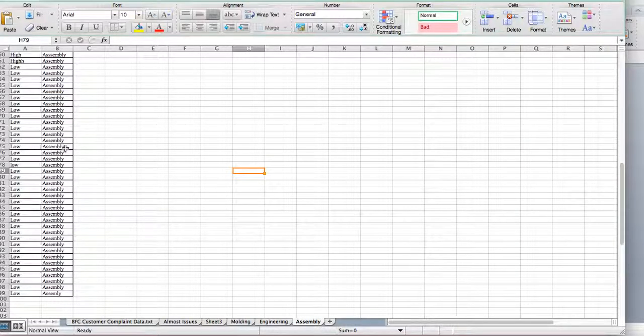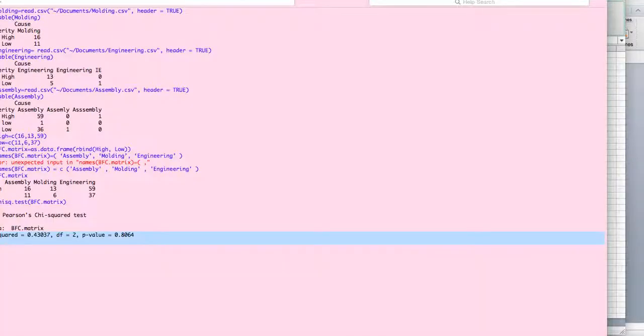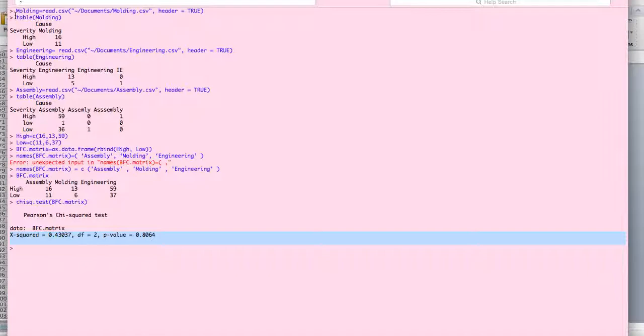To do that, I made those into CSV files, and then you can see here I put them into R and did a count to figure out how many high and how many low for each of the different categories there were. So I actually downloaded a different program so that I could just put table and put in the name of the table and get the count for each of them.